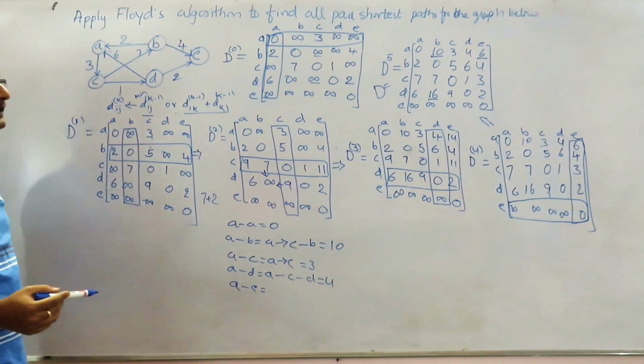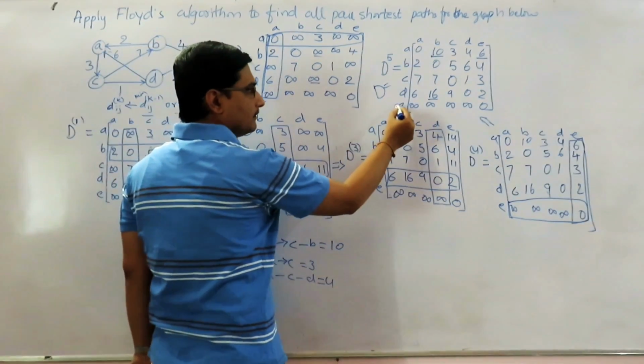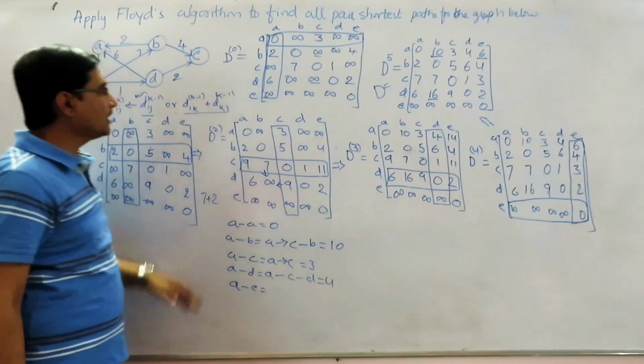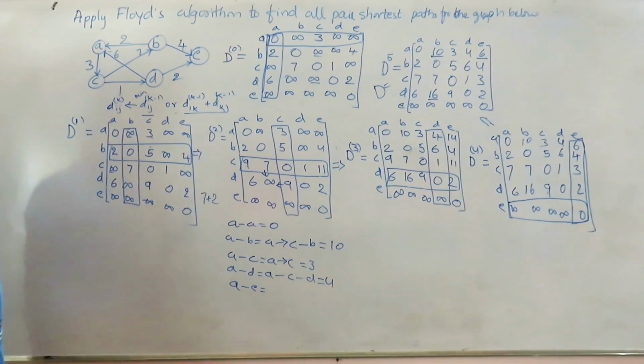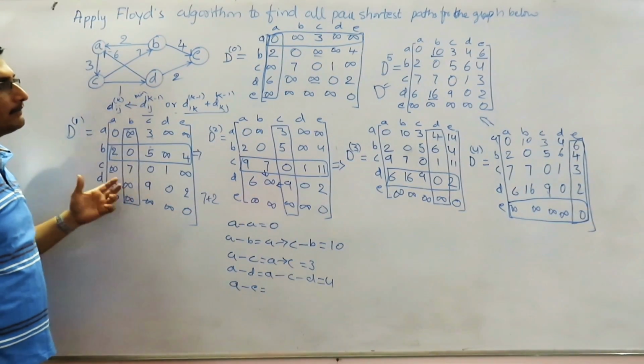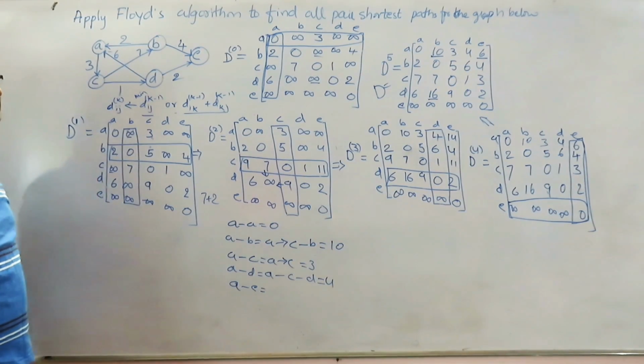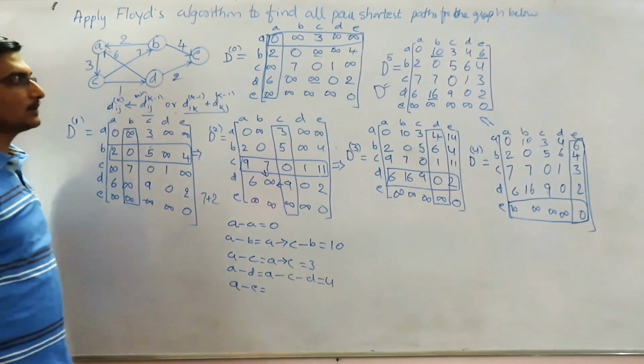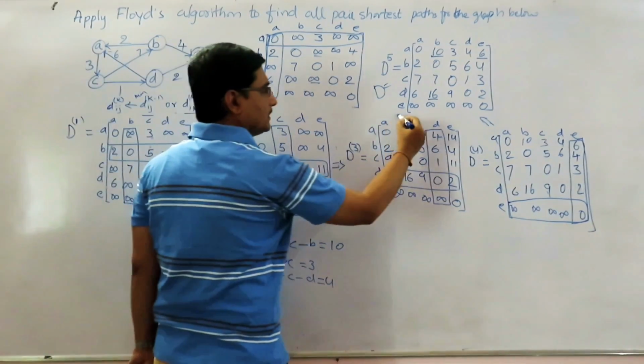Yes, it is right. And from E, there are no outgoing edges, so every vertex is with a distance infinity. We cannot reach any other vertex from E. This is what the solution is.